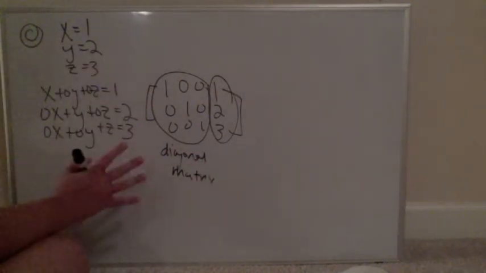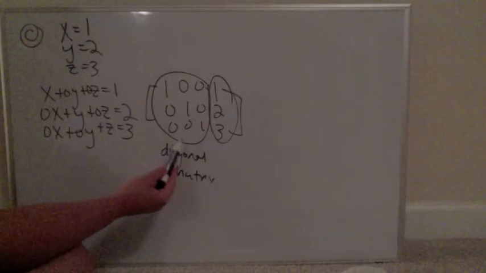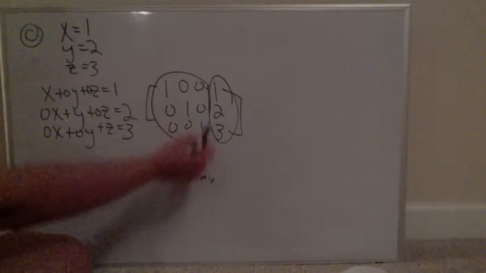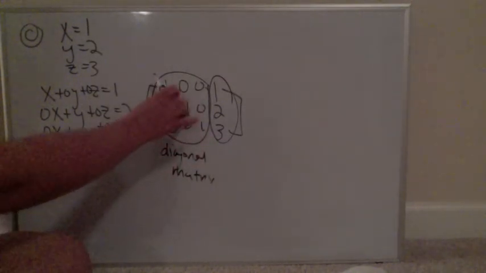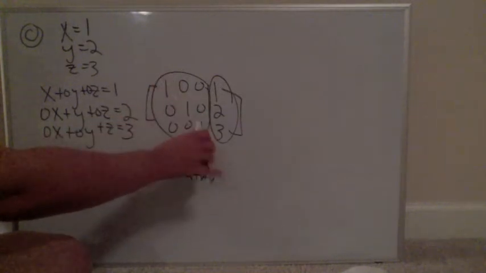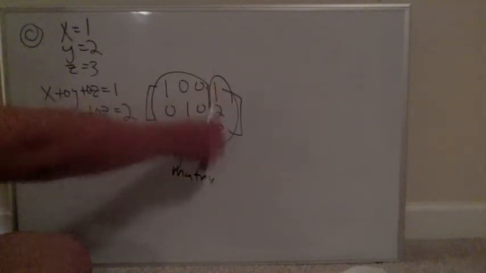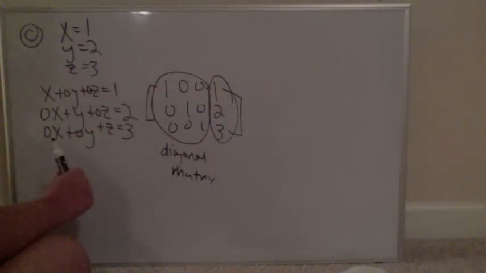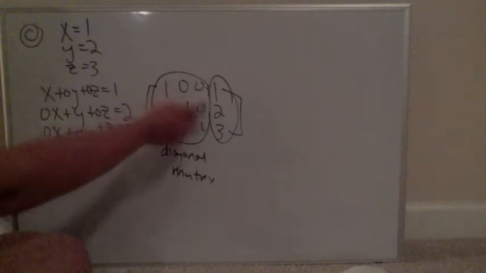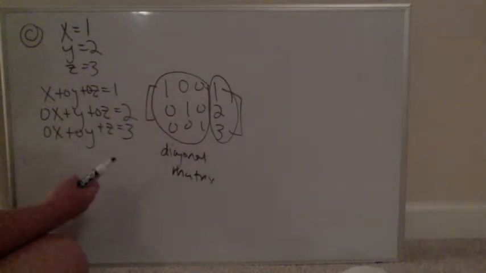So what this shows us is if our matrix has this special form where there are ones on the diagonal and zeros everywhere else, then this last column here will show us our answers, will show us what x, y, and z are.